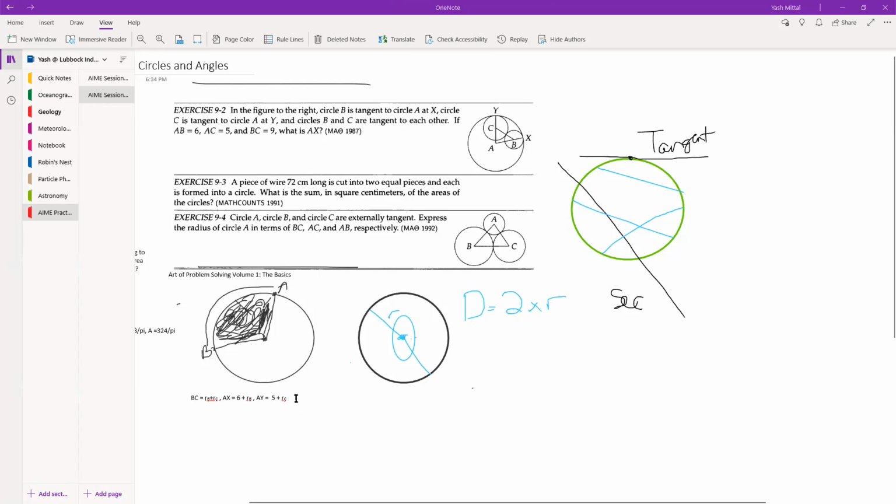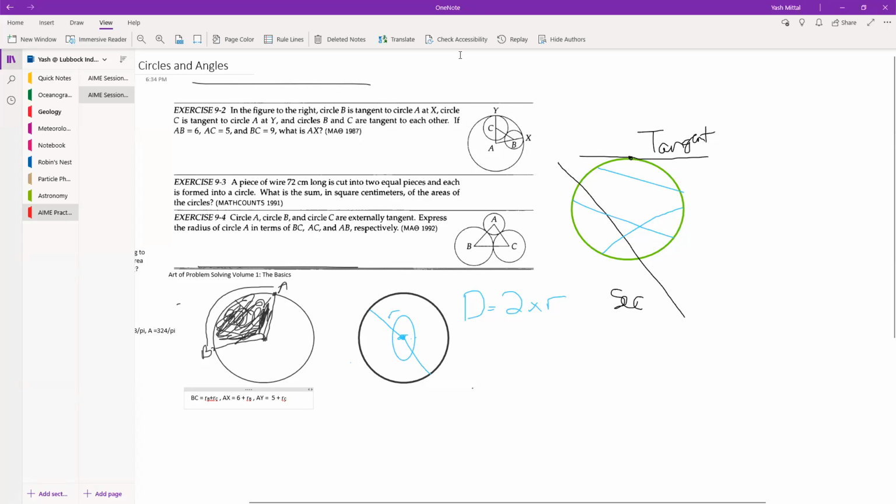Okay, all right. If you guys need any help, think about it like this. What is the radius of circle A? Which of these lines represents the radius of circle A?